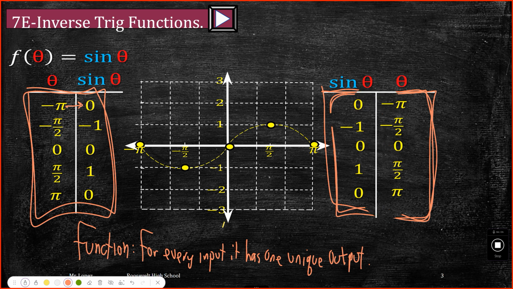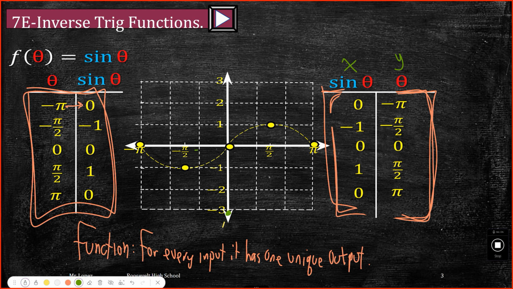Let's graph this. If we graph 0 goes to negative pi. Where is negative pi? Like right here. Negative 1, this is still going to be x and this is y. Negative 1 goes to negative pi by 2.